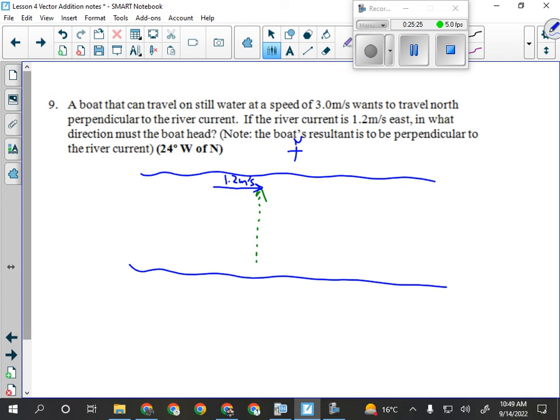I know I need to end up going this way, and the current has to push me to that, which means now I can put in the boat. That's the direction I have to make the boat go, and the boat can go at 3 meters per second. Now I can get the heading. So it's a matter of being able to picture what am I going towards, how do I make that happen? Okay. 10 is similar.